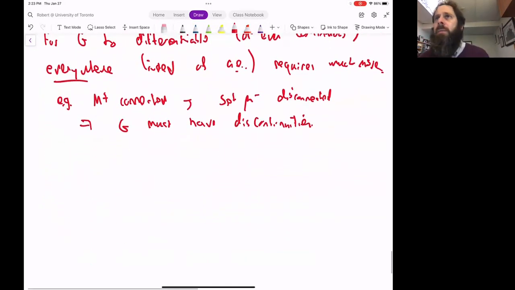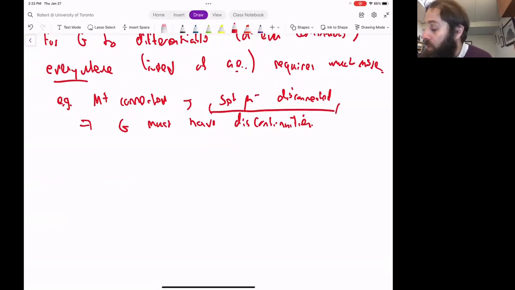And so you would need much stronger hypotheses that in particular require your support of mu minus not to be disconnected if you wanted to hope for continuity or differentiability of G. So I thought I would say a little bit about that.